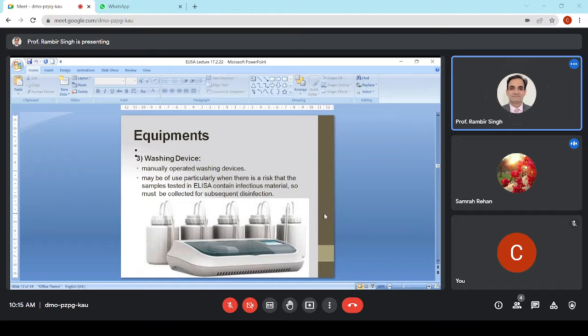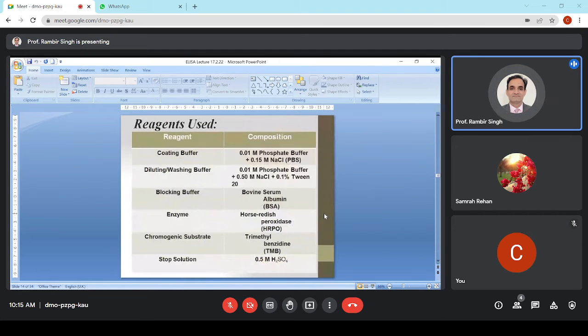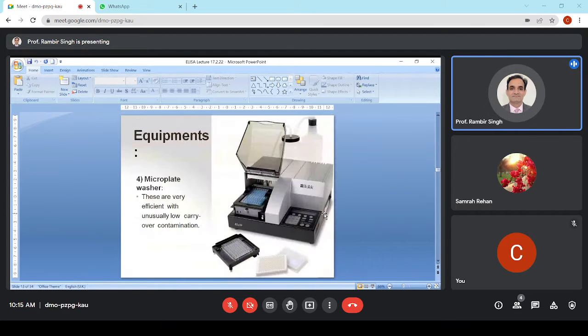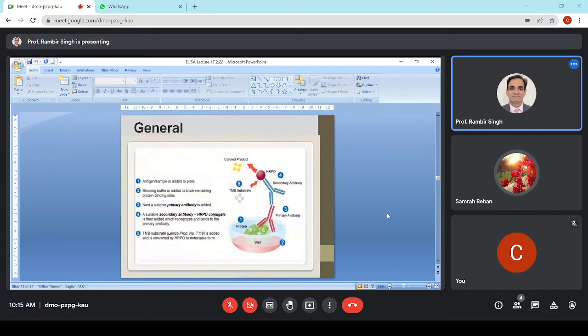These are the microplate washers available in the market. And finally we have to read it, which can be done by a spectrophotometer.